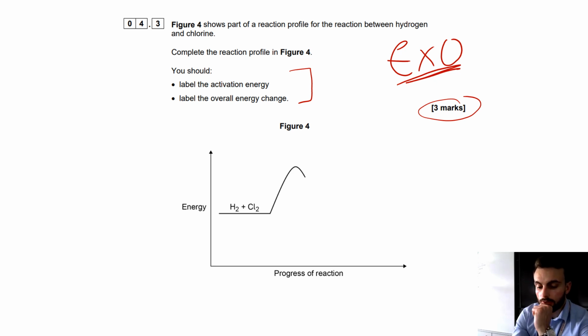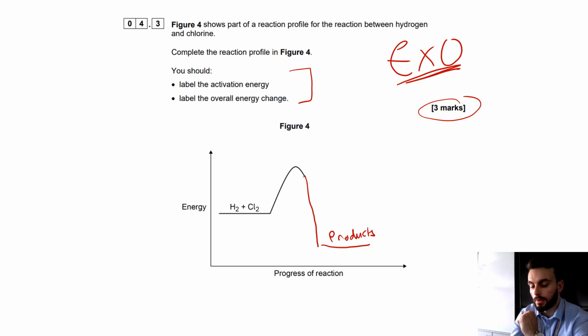So we need to complete the diagram. First off, this product line needs to be lower than the reactants line. And then to do the activation energy, you need to make sure you label the point where it starts up to the top of the peak.